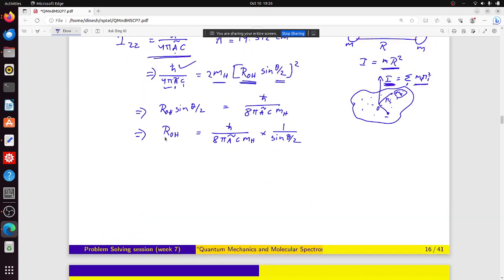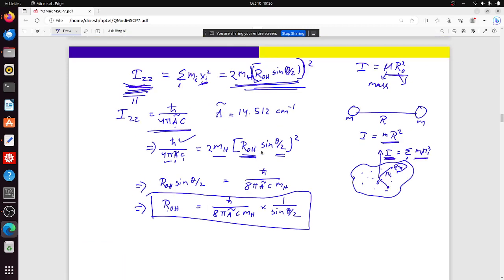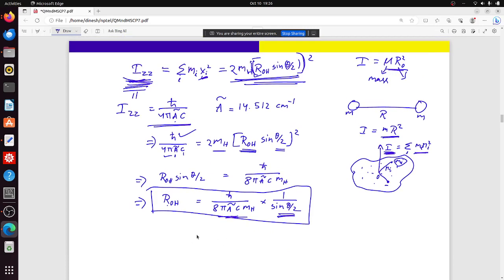So you got the formula to calculate the bond length R_OH. Every value you know, you just put it, then you will get this value to be, just to verify it, 9.6024 times 10 to the power minus 11 meter, or 0.96024 Angstrom.